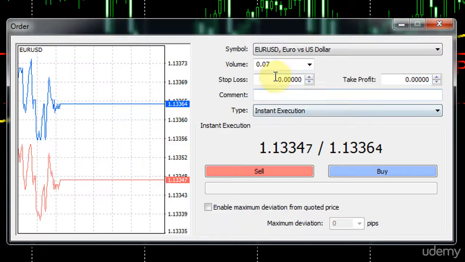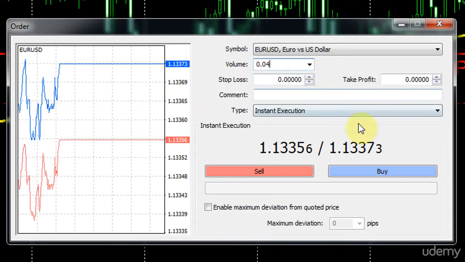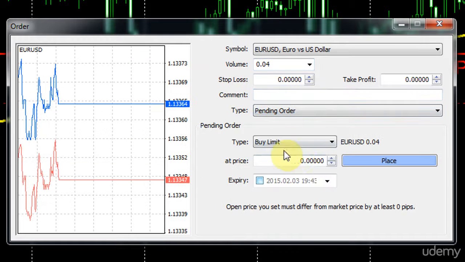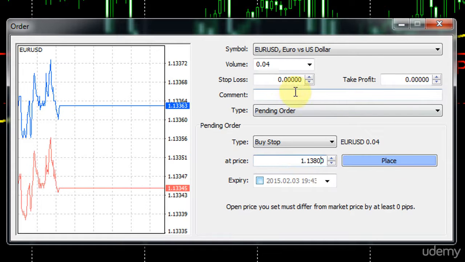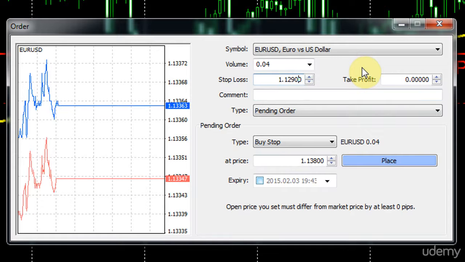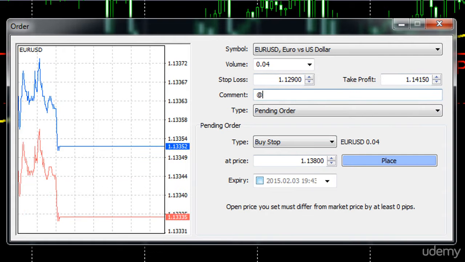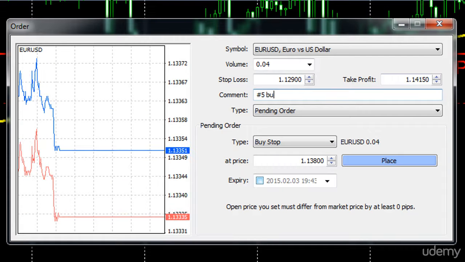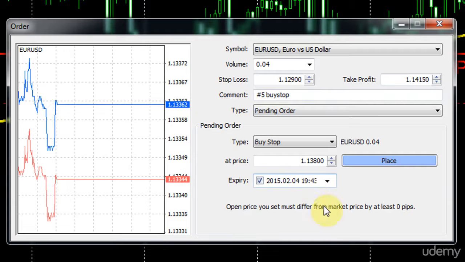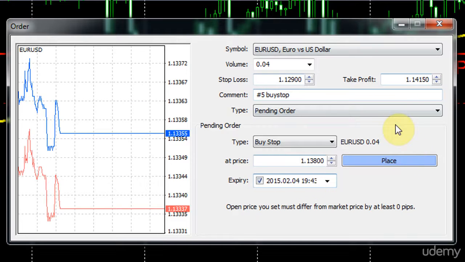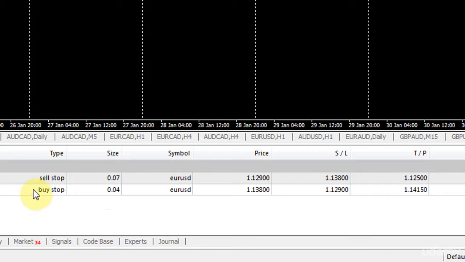So 0.04, pending order, buy stop, 1.1380, stop loss 1.1290, take profit 1.1415, number 5, buy stop, comment, expiry date, check everything, place. Okay, that should be done. So that's our sell stop, that's our buy stop.